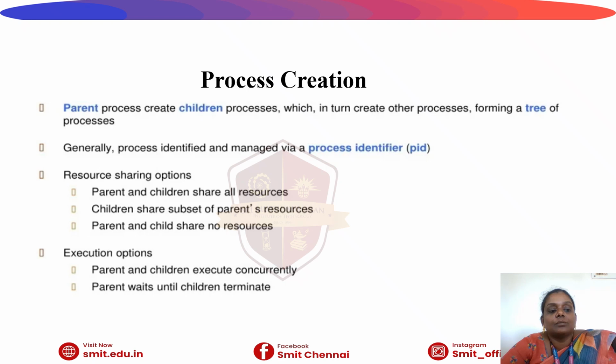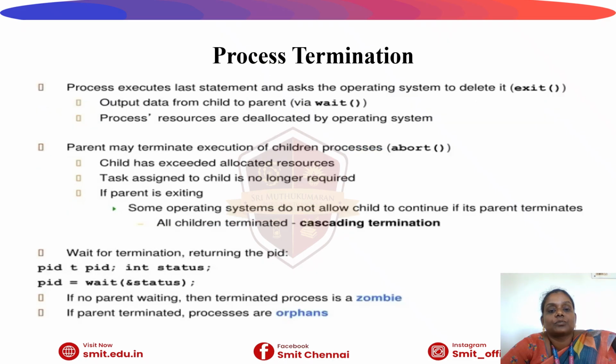For example, when a browser opens a new tab, the new tab is called a child process. Process termination: a process ends when the task is completed, an error occurs, or the user closes the application. So this is process termination. For example, closing the YouTube application is a process terminated.